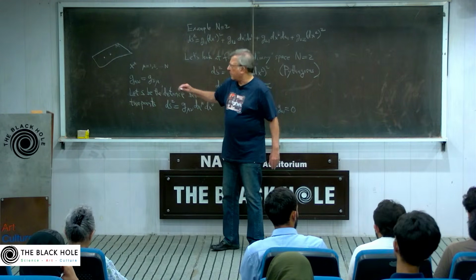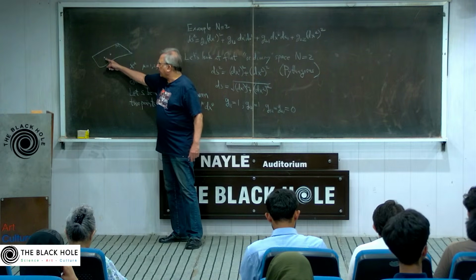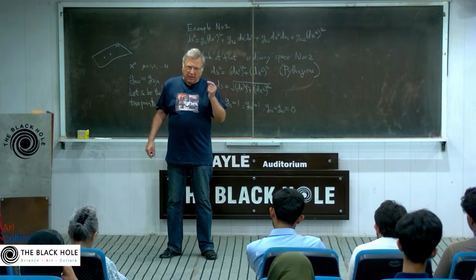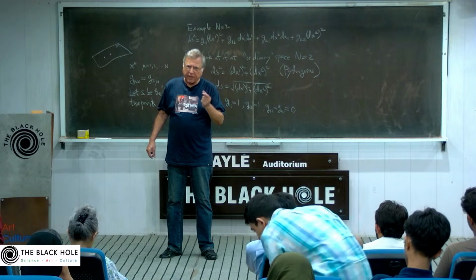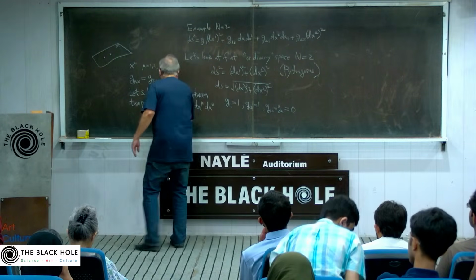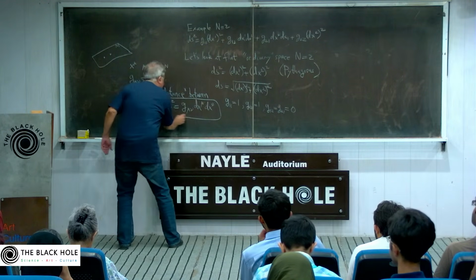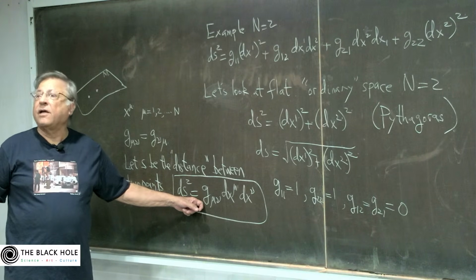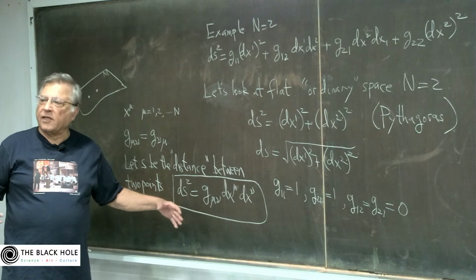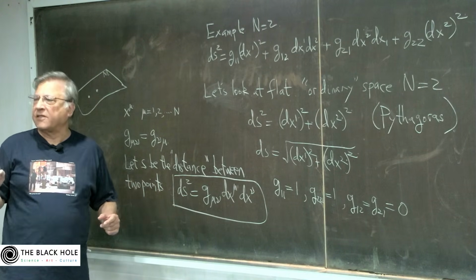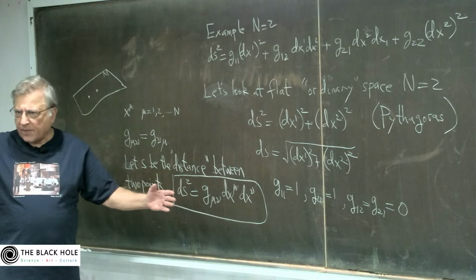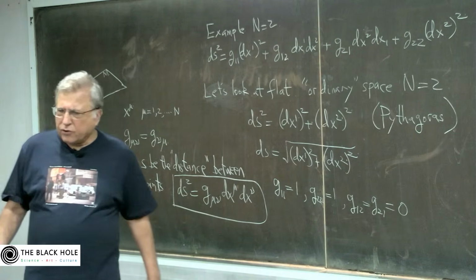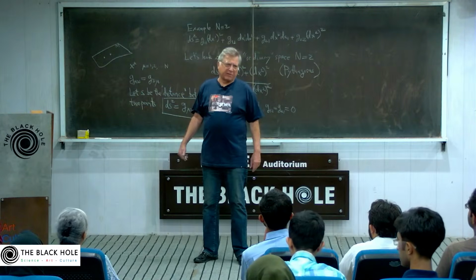To repeat, 2 points that are separated by some small distance, the distance between them is ds squared equals this, and this is the defining thing. And from here, we'll be able to get how much is the distance between 2 points which are not infinitesimally separated, but by some large distance. Okay, so g_mu nu was given to us by Pythagoras.